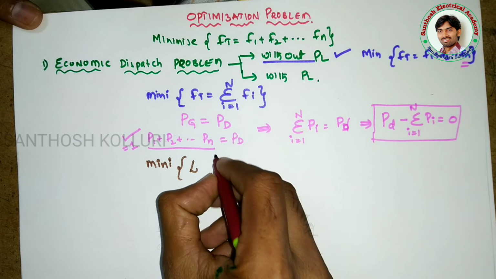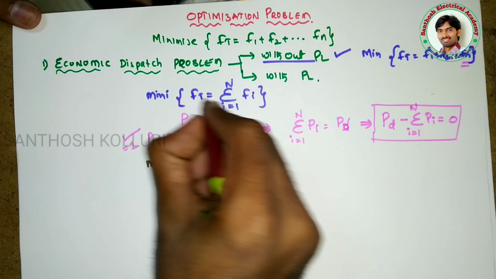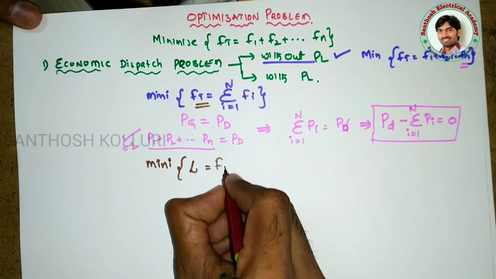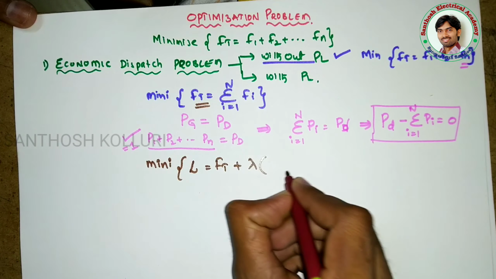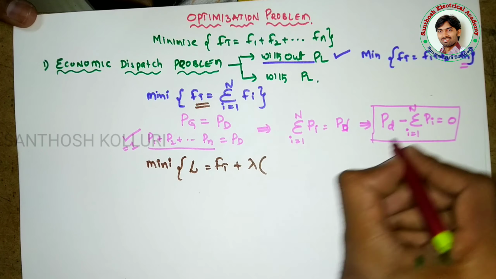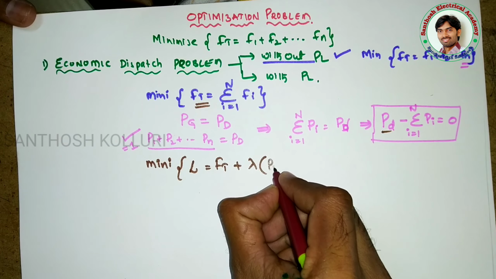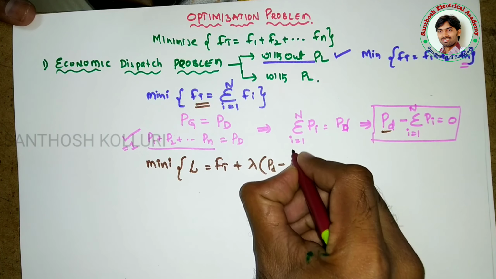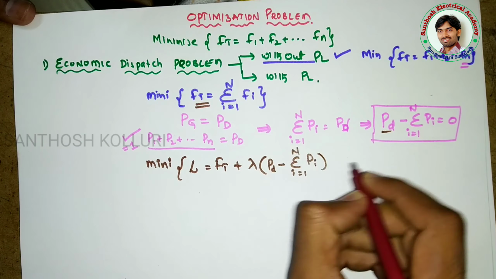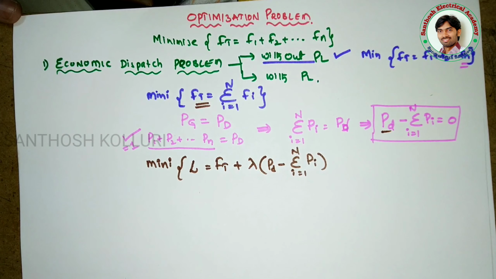The Lagrangian L is equal to the total fuel cost Ft plus Lagrangian multiplier lambda into this constraint, Pd minus sigma i equals 1 to n of Pi.